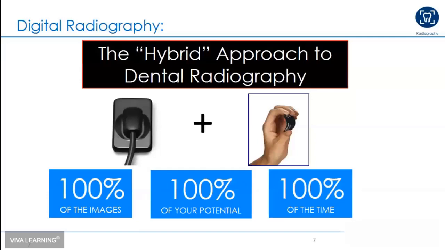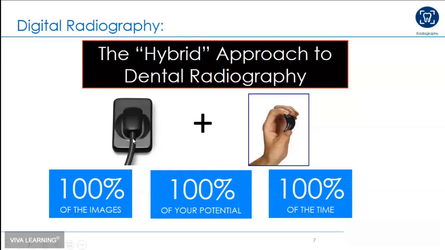I have used the rigid sensors on occasion. I tend to stick to the wireless version of phosphor plate, which they're all wireless because they're very similar in handling and flexibility to conventional analog film.